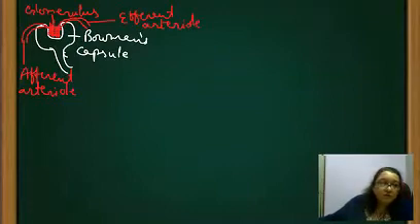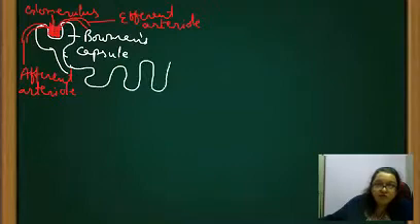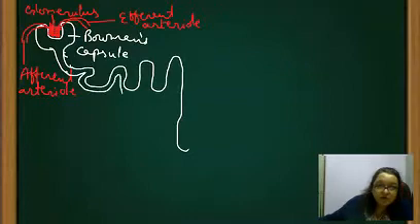Now from this Bowman's capsule, a long tubule comes out, and that is known as proximal convoluted tubule.